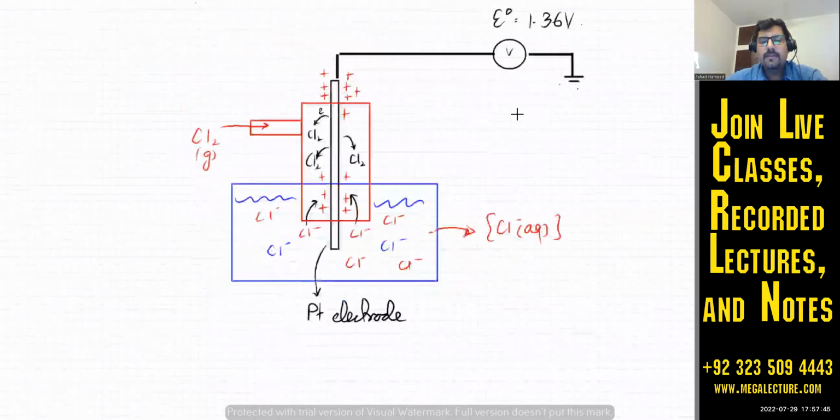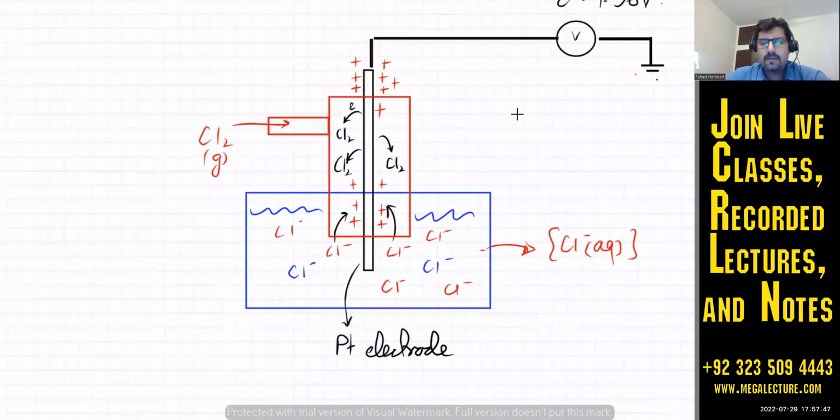What will happen? Okay, what will happen if I increase the concentration of Cl ions? If I have more Cl ions and I start adding more Cl ions into the solution, I've increased the concentration of Cl ions. I'm using non-standard conditions now. Standard में तो था 1 mole per dm cube.